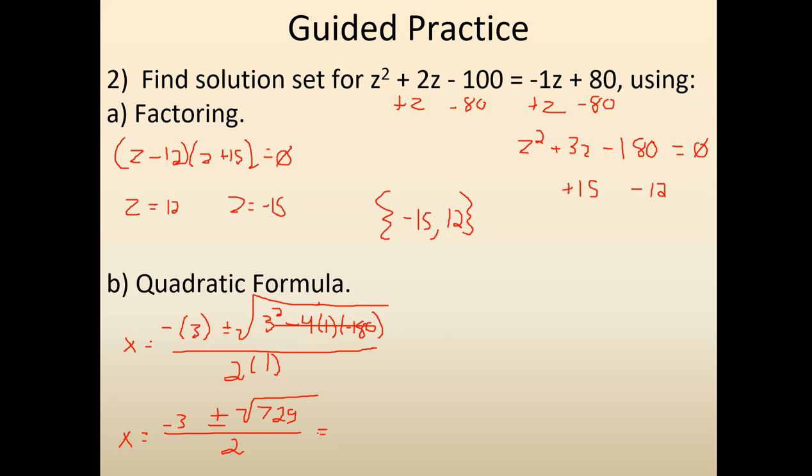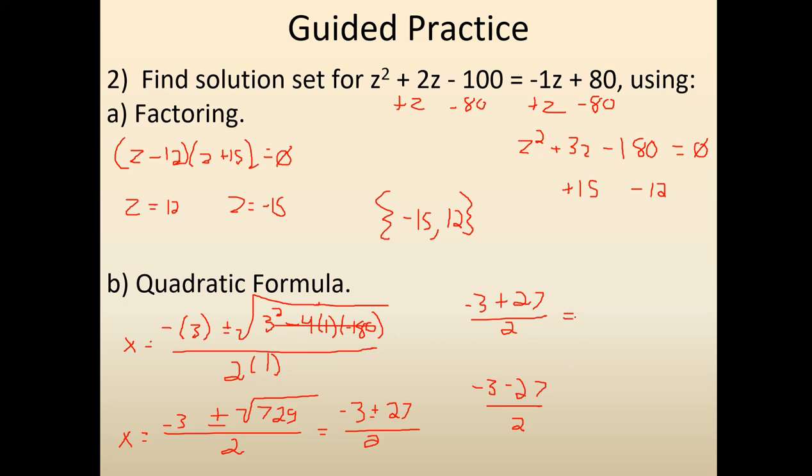If I put this in the calculator, the square root ends up being 27. So negative 3 plus or minus 27 all over 2. So from here, I could have negative 3 plus 27 over 2 and negative 3 minus 27 over 2.